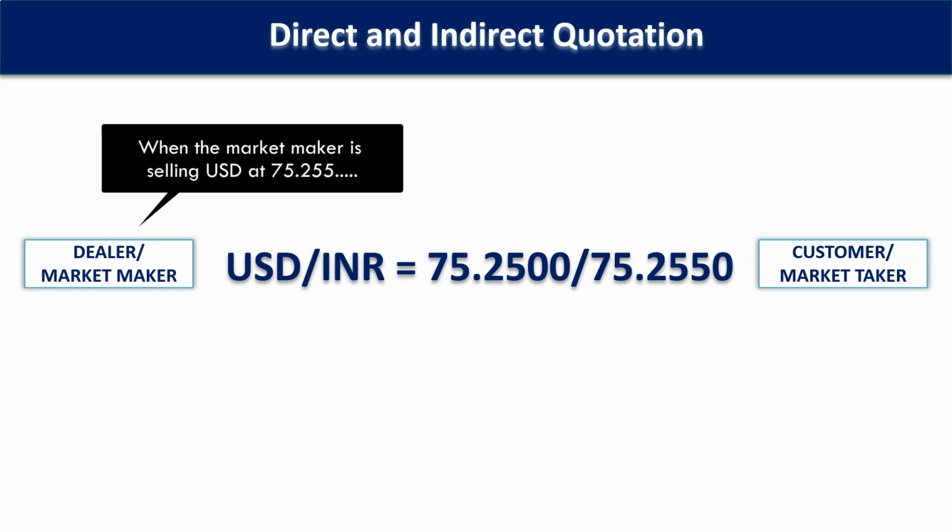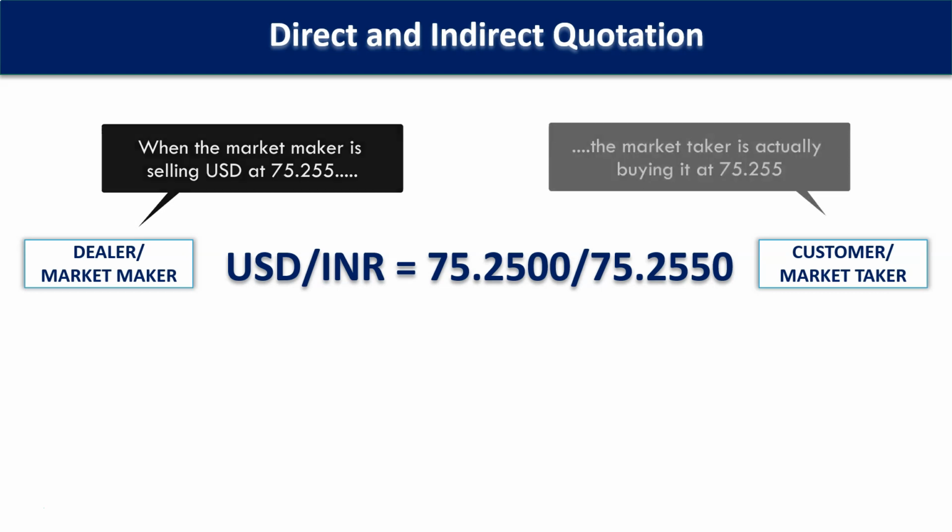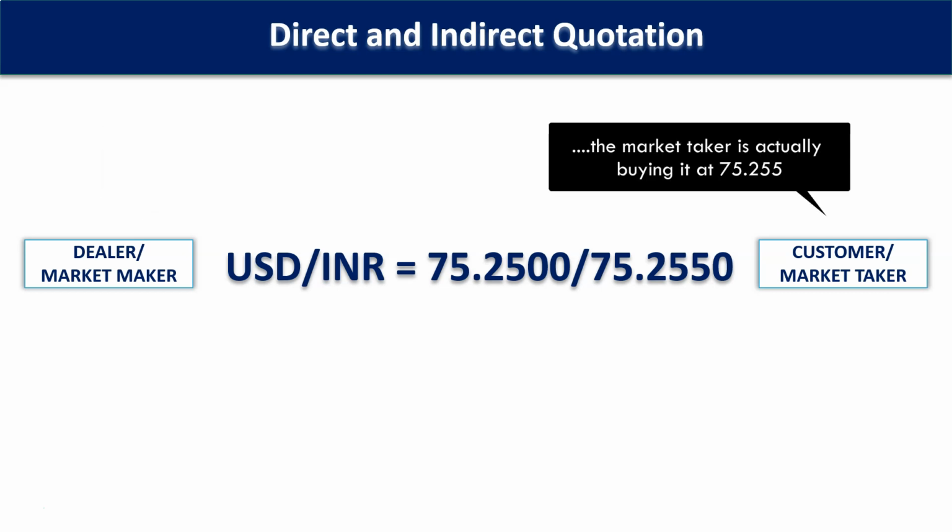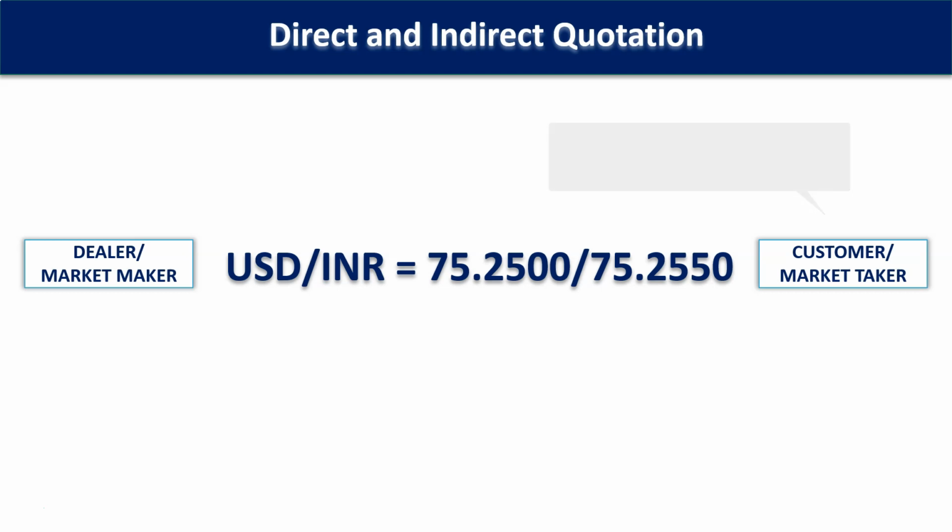Similarly, when the market maker is selling the USD at 75.255, the market taker is actually buying it at 75.255. So, the market maker's buying price is the market taker's selling price, and vice versa.